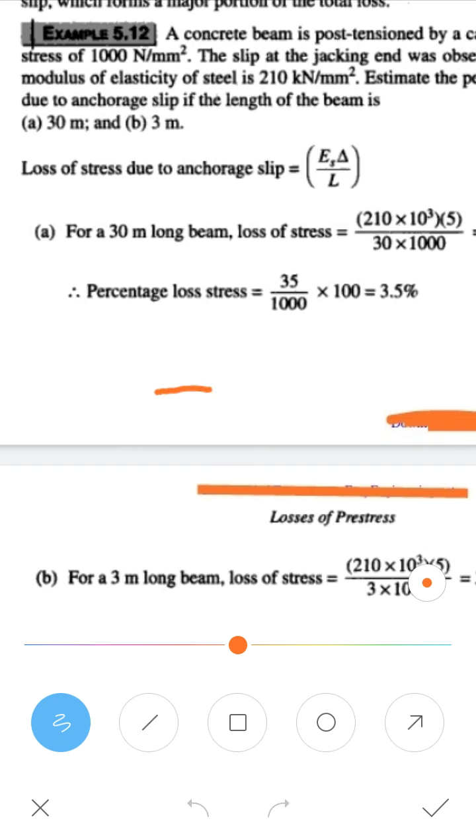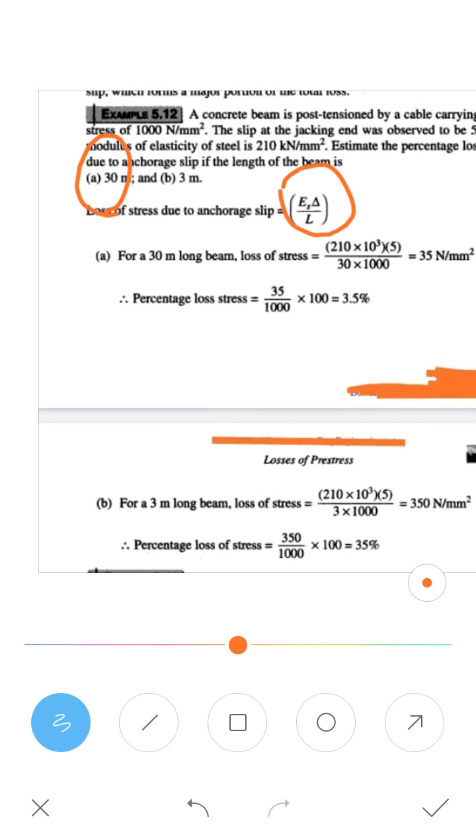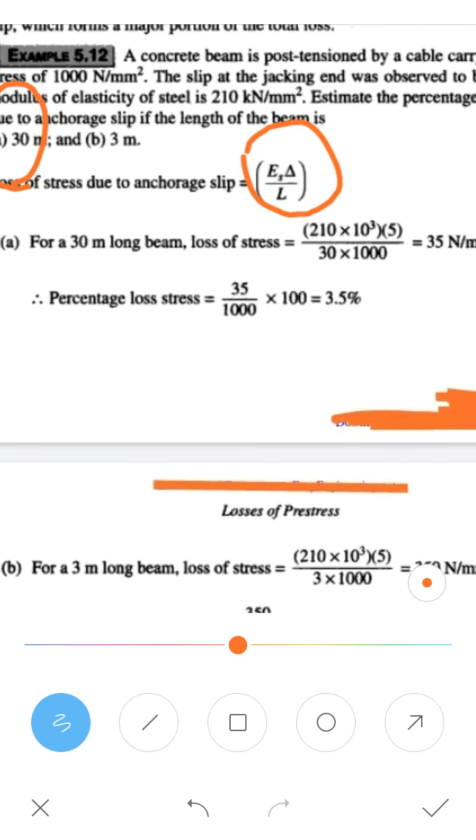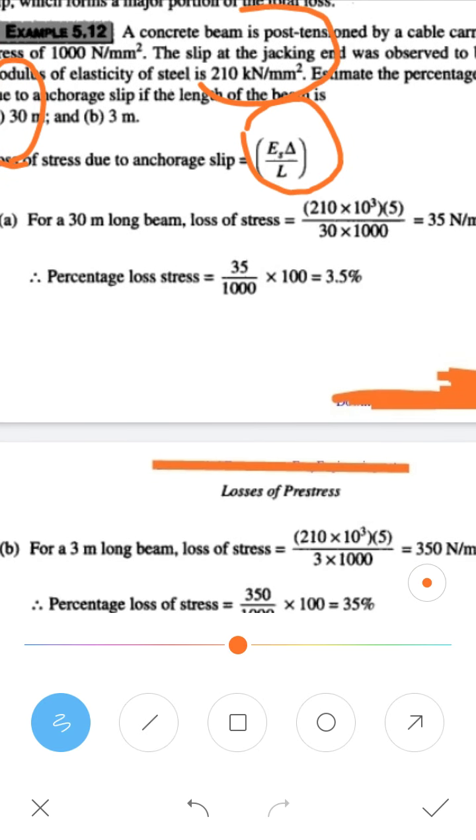So the loss due to the anchorage slip, use the same formula, Es into delta divided by L. Young's modulus which is given here is 210 kilonewton per square.